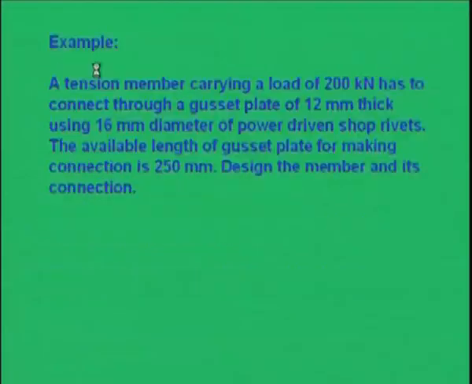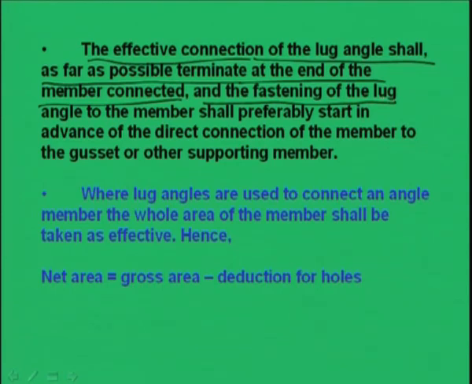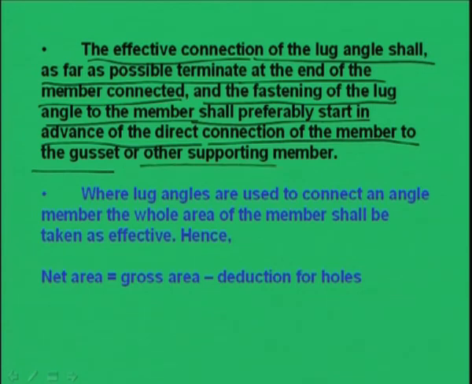Another thing is, the effective connection of the lug angle shall as far as possible terminate at the end of the member connected, and the fastening of the lug angle to the member shall preferably start in advance of the direct connection of the member to the gusset or other supporting member.